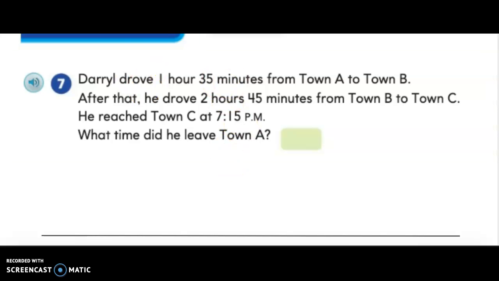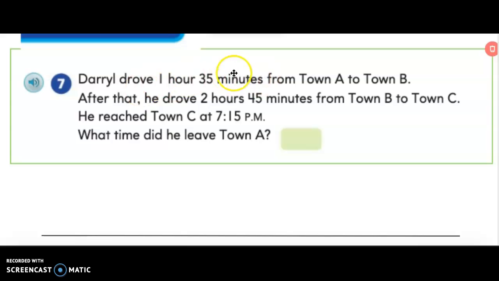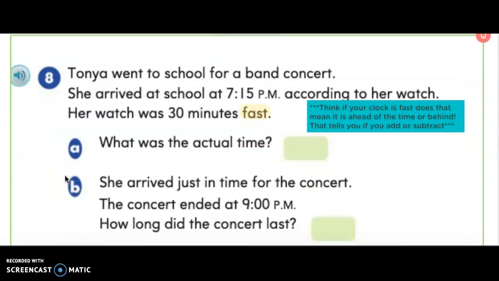So make sure to take into account all of these amounts of time. So you need to jump 1 hour and 35 minutes and 2 hours and 45 minutes to get to town C, but we're working our way backwards.